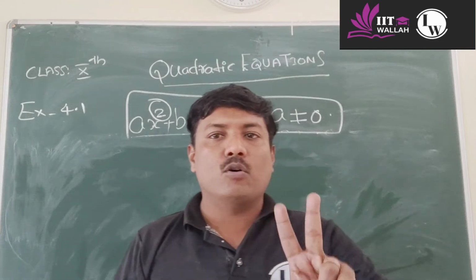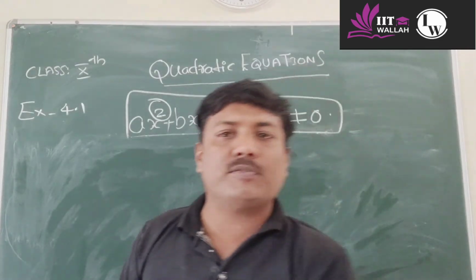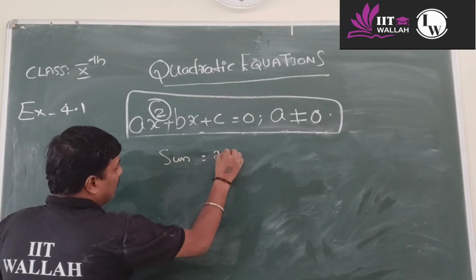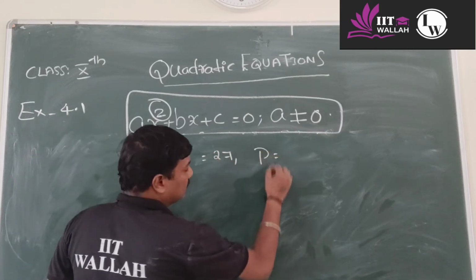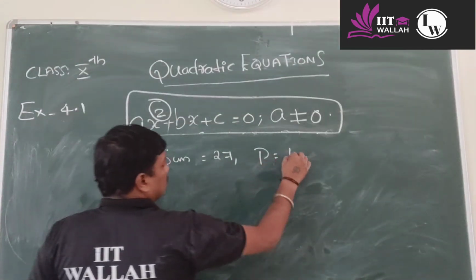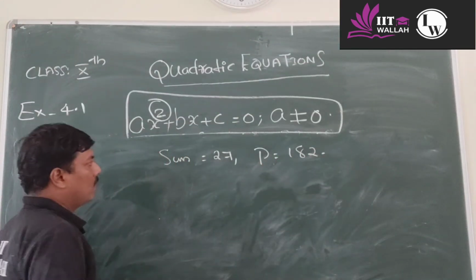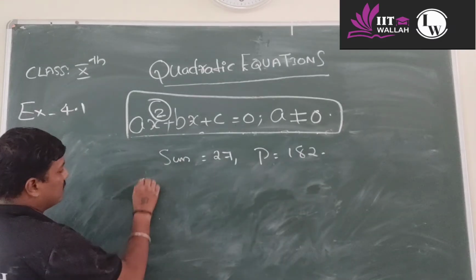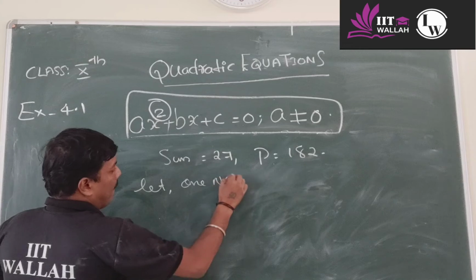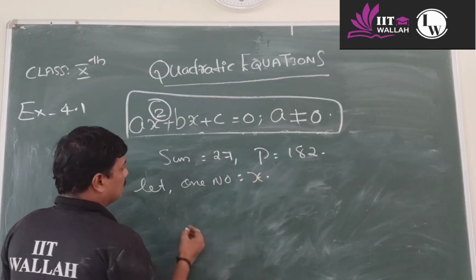Find two numbers whose sum is 27 and product is 182. Sum is 27 and product is 182. Okay? So let one number be equal to x.